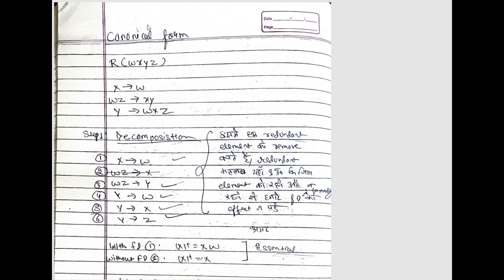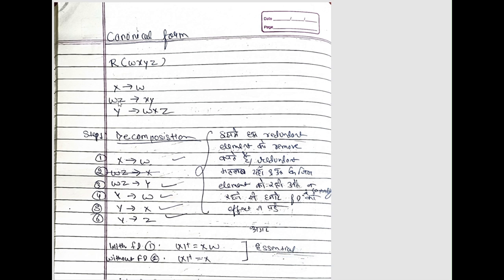That means here we have three functional dependencies, and as we see in these functional dependencies, in the LHS there are two attributes which can create a redundancy, and in the right hand side we can also see two attributes.